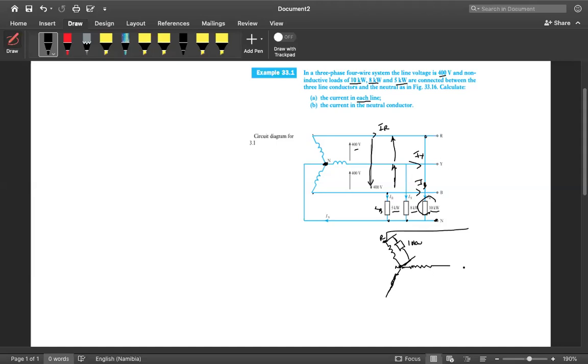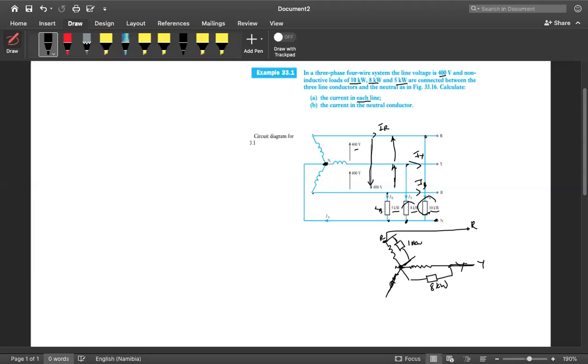Then if this is my Y, between the neutral and the Y, I connect a load, which is this load here, 8 kilowatts.